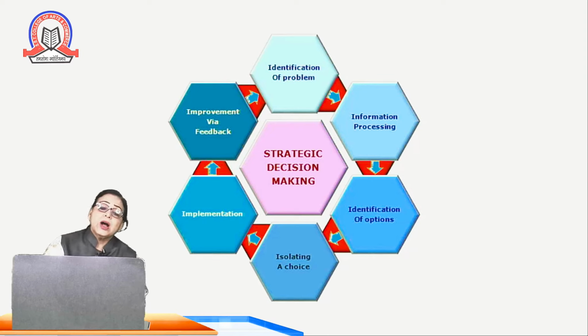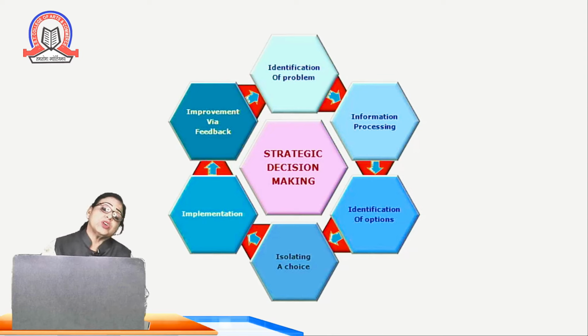Let us see how the strategic decision making process works. More or less it is the same thing, but we are focusing on the strategic area. One is identification of the problem. Second is information processing, collect and process information related to the problem. Then identification of the options.